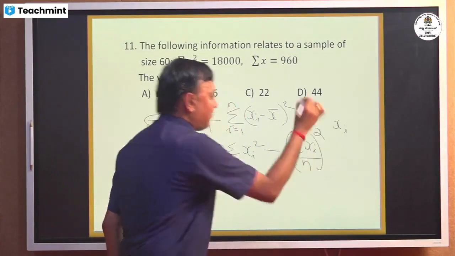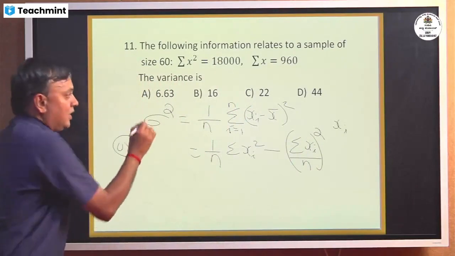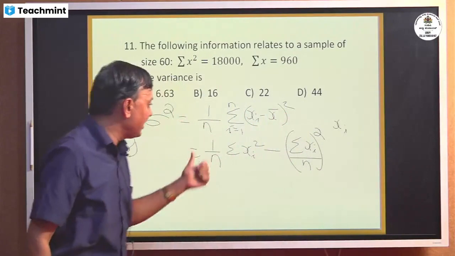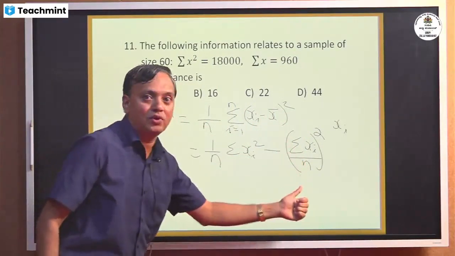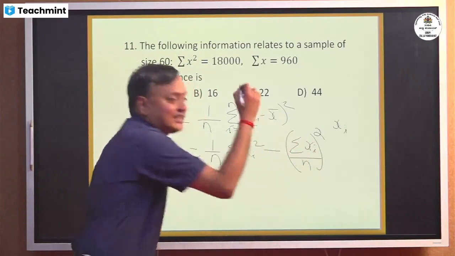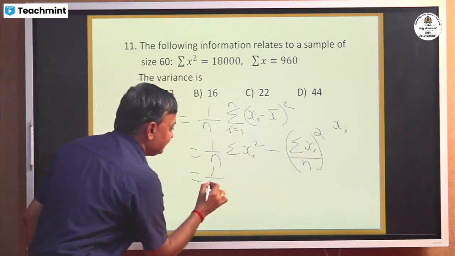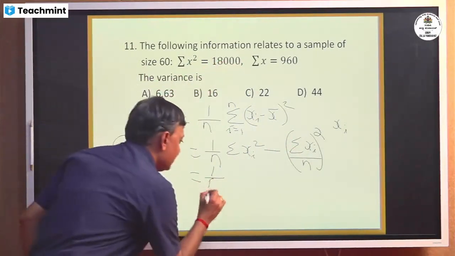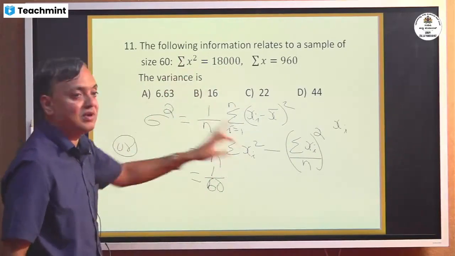This is another formula. Here use the second one, or apply the a minus b whole square and simplify, and we get this: 1 by n into sigma xi square minus sigma xi by n whole square. This sigma xi by n is nothing but x bar, the mean. Here n, the number of observations, is 60, and sigma x square is nothing but sigma xi square.